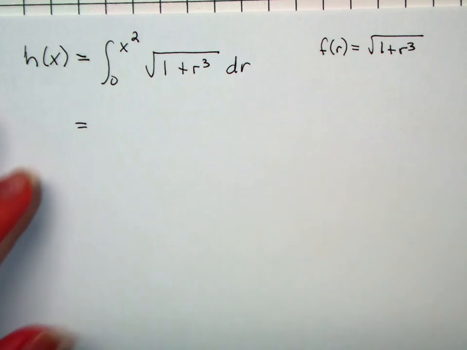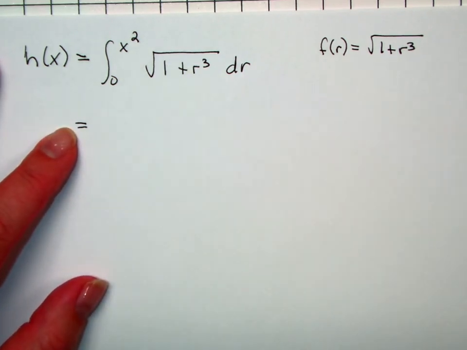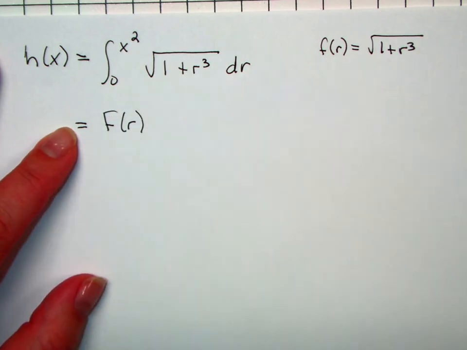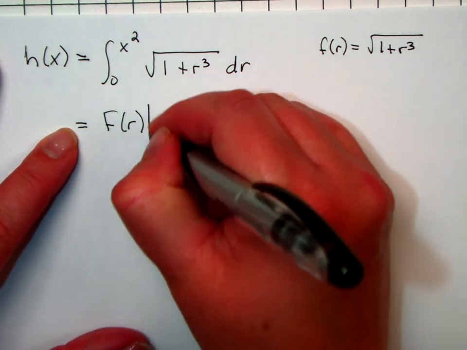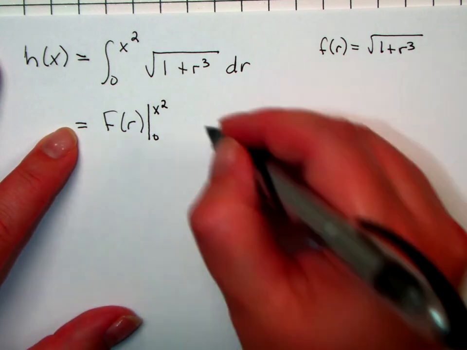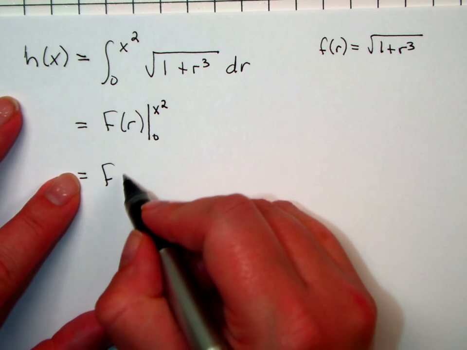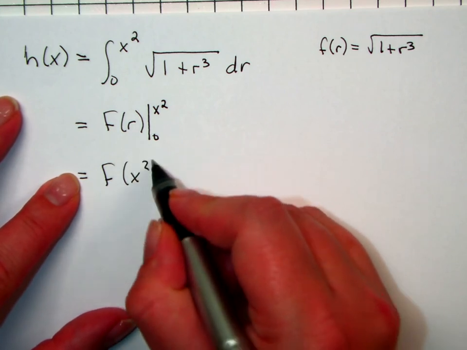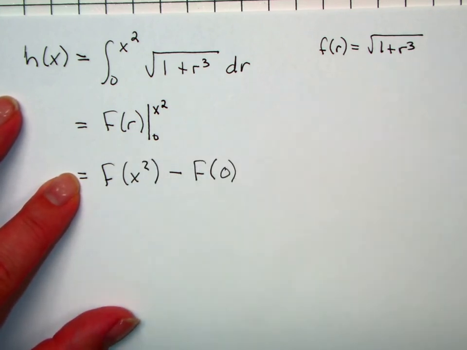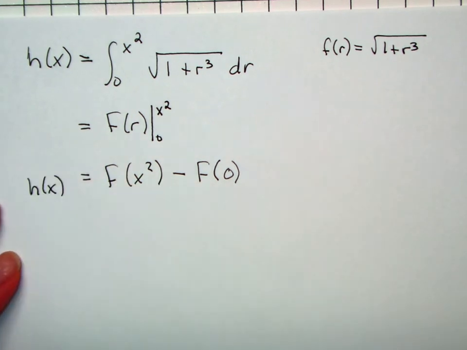Theoretically, without finding the antiderivative, let's just call it capital F. So we're going to get the antiderivative capital F, and we're going to evaluate that from 0 to x squared. So if I do that, then I'm going to get the capital F function of x squared minus the antiderivative capital F evaluated at 0. Okay, so this is what h of x equals now.